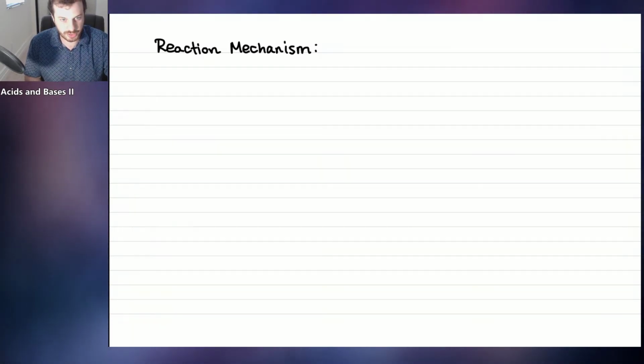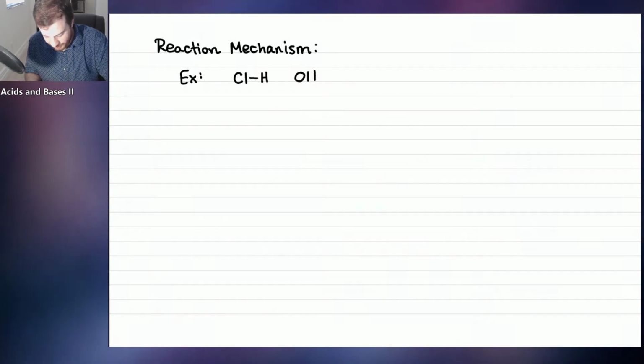Okay, so first I want to recall our idea of the reaction mechanism, which is using the curved arrows. So let's just take a look at an example of a reaction mechanism for an acid-base reaction. So if we have hydrochloric acid, I kind of drew it backwards, ClH. You'll see why in a second. And if we react hydrochloric acid with hydroxide ion, an acid-base reaction can occur.